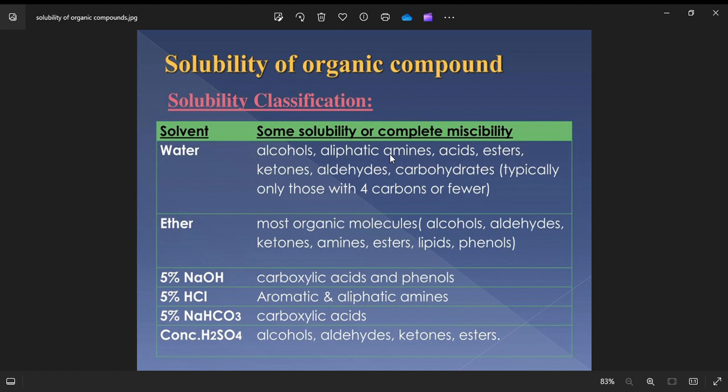You can see that should be line 4, 5% HCl. The substances that can dissolve in that are aromatic and aliphatic amines. For experiment 8, you were not given an aromatic compound. You were given carboxylic acid, phenol, amine, and some other low molecular weight compounds like aldehyde and co.